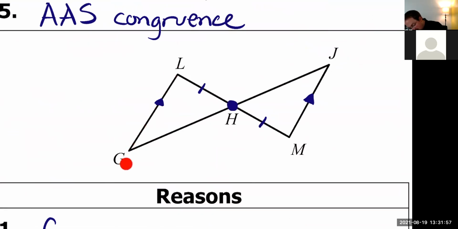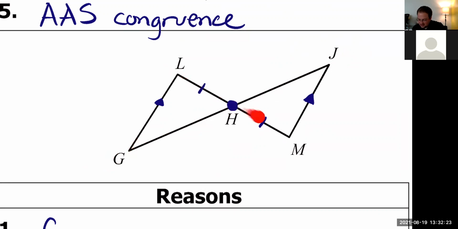So parallel lines are over here. What if I imagine GJ as my transversal? So we could go that way.